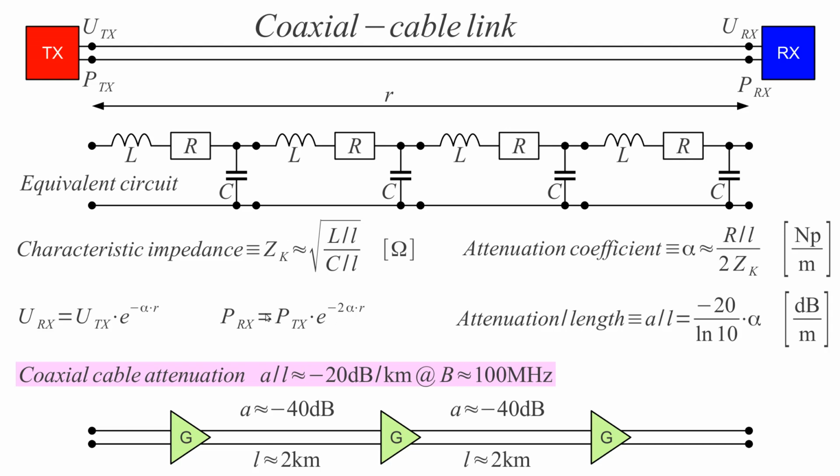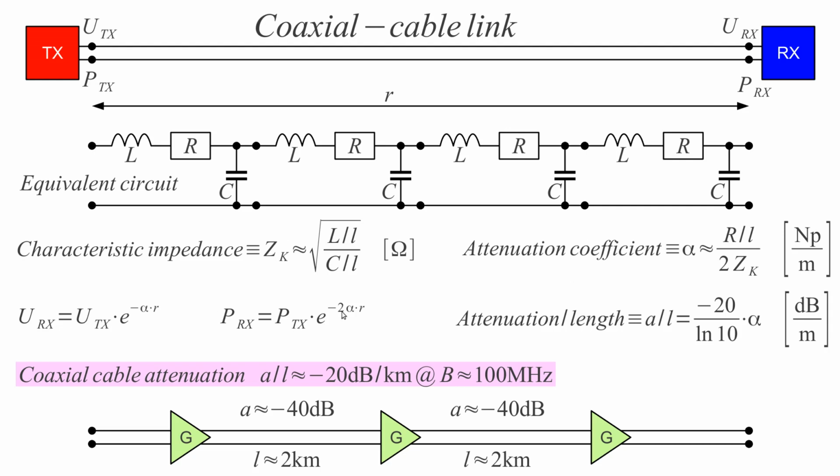So e is 2.718 and so on, the basis of the natural logarithm, and the unit here is nepers per meter. Nepers are defined on the voltage we have on the line. So the voltage of the receiver is the voltage of the transmitter times this decaying exponential function of the attenuation coefficient and the distance we cover.